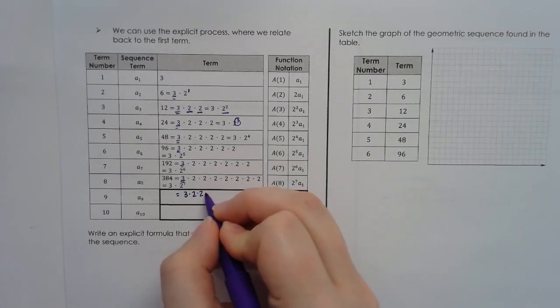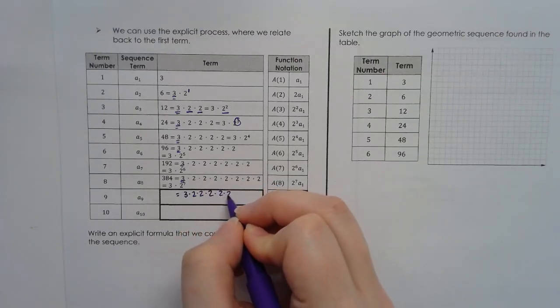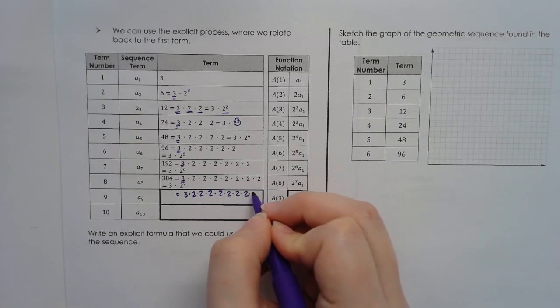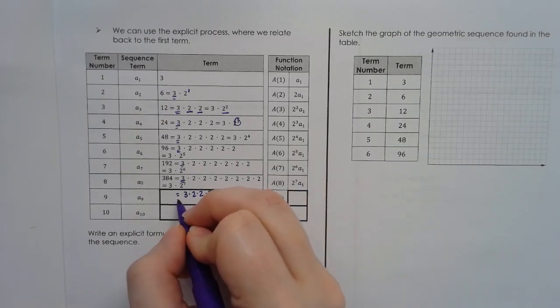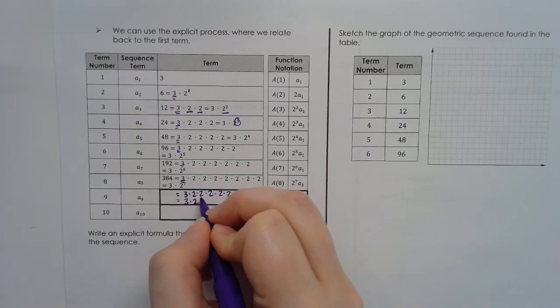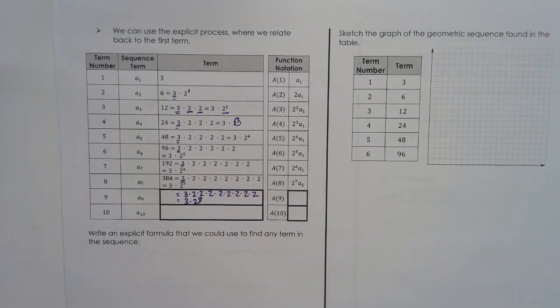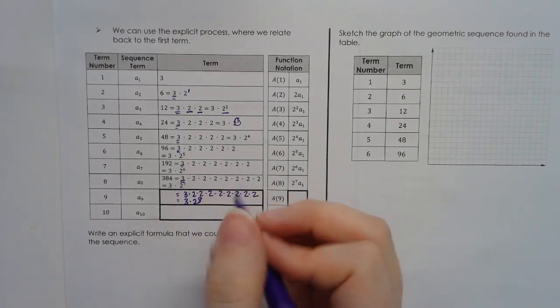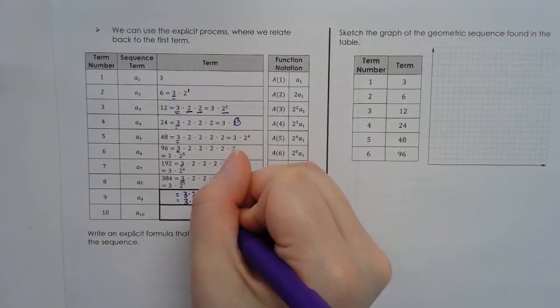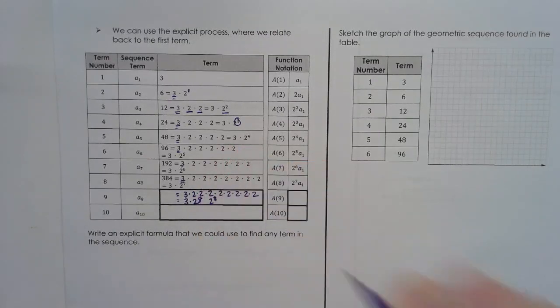So 1, 2, 3, 4, 5, 6, 7, 8, which is the same thing as 3 times 2 to the 8th power. So not 28, I had to write it tiny, but it's 2 to the 8th power. Okay? Which is the same as what it was before. 3 times 2 to the 8th power is 768.